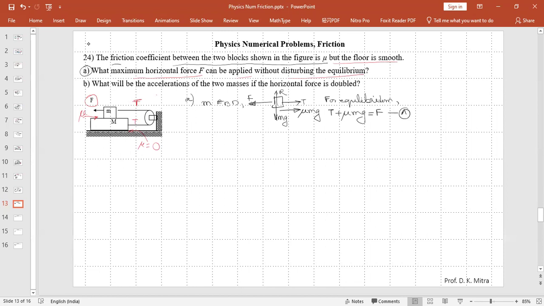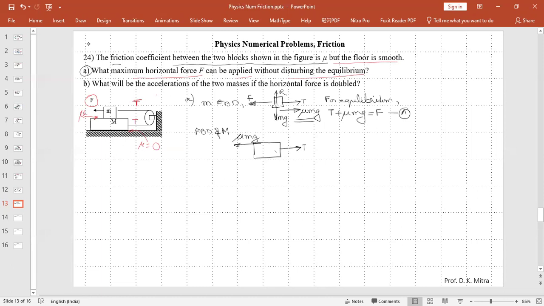Now we take the free body diagram of the larger mass capital M. The free body diagram of capital M is like this. There is a tension force T and this friction force mu mg will work here towards the left as an action reaction.